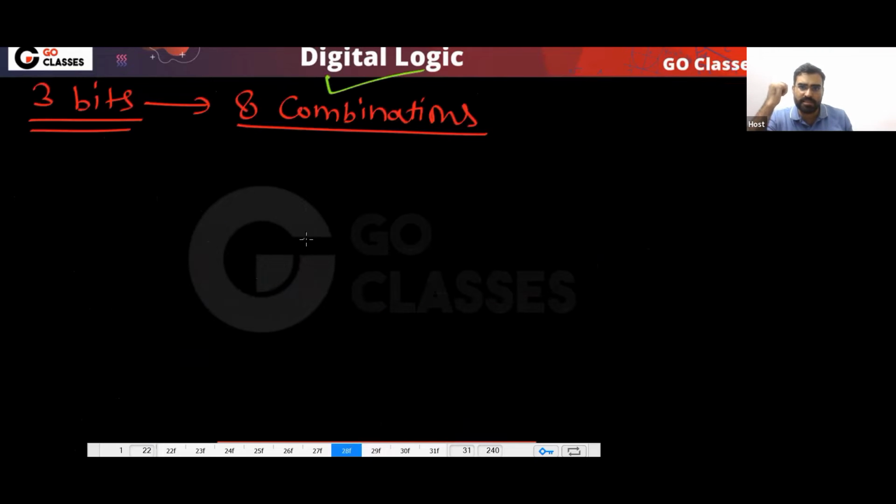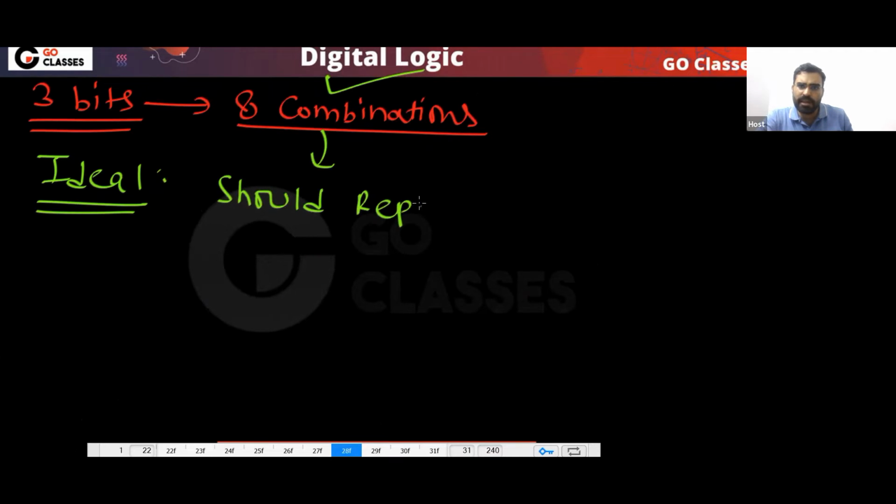Now one important observation: there are 8 combinations. What is the ideal situation? Ideally, these 8 combinations should represent 8 different numbers. With 3 bits, 8 combinations are there.